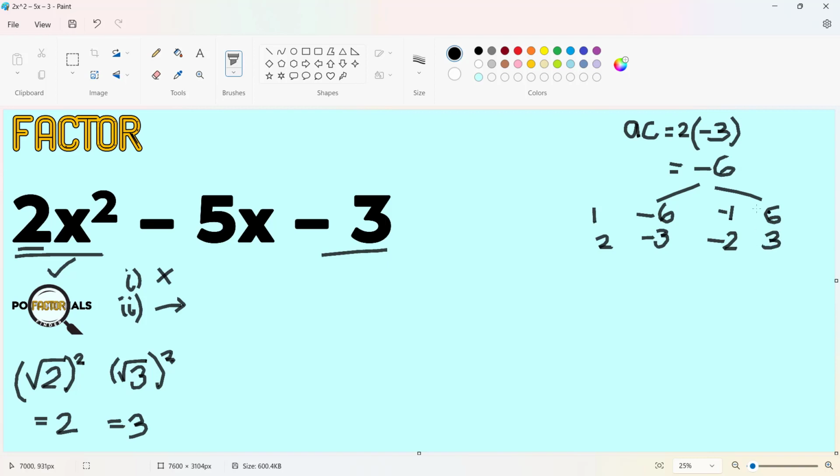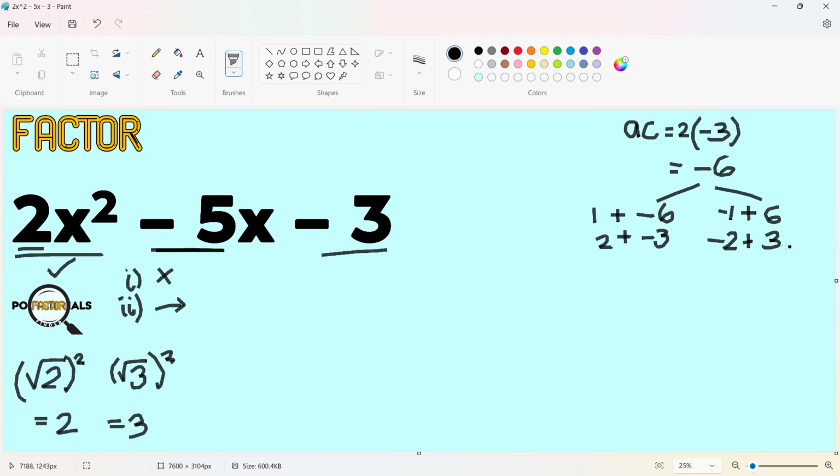The AC method, aside from this, collects these pairs, and let's try to add all of these. If there's a pair that will result to our second coefficient, the coefficient of x, this means that our polynomial is factorable and we can proceed further.